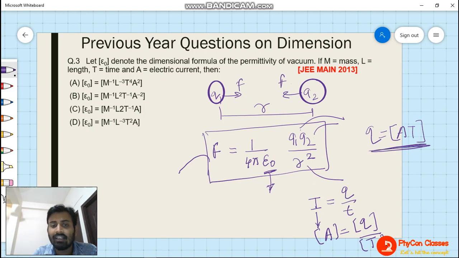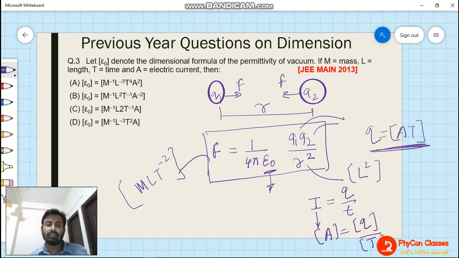Q dimension is AT. F dimension is, tell me, MLT minus 2. F dimension we know. Dimension of r is L, so r square will be L square. Now, knowing all these dimensions, you have to find out the dimension of epsilon naught. I guess now you can calculate it easily.